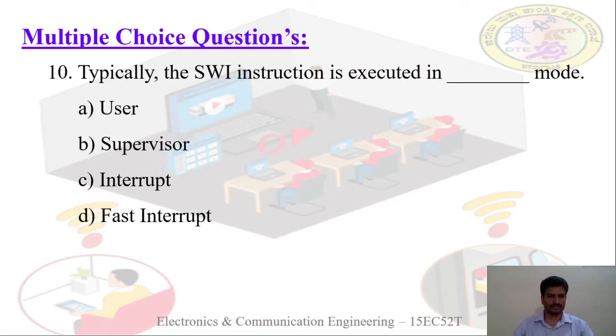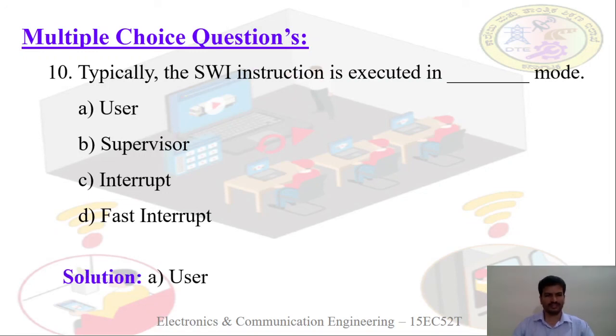So last question. Typically the SWI instruction is executed in dash mode: A. user mode, B. supervisor mode, C. interrupt mode, D. fast interrupt mode. So the answer is user mode.